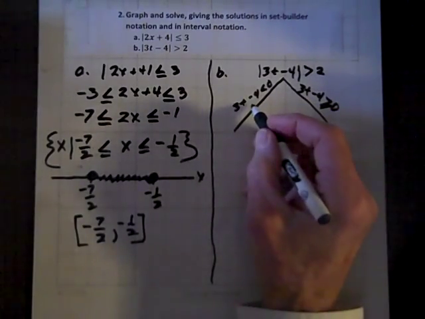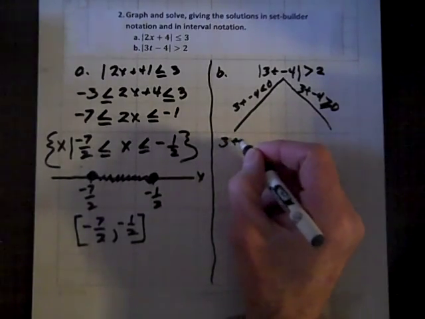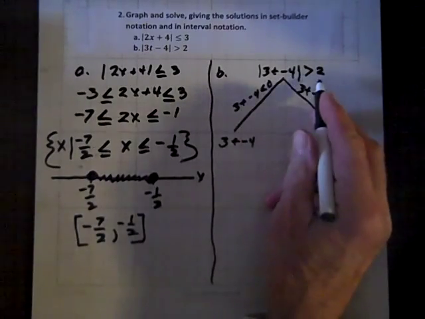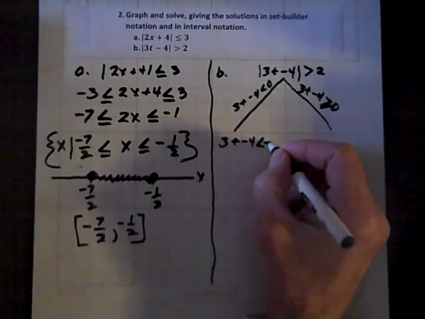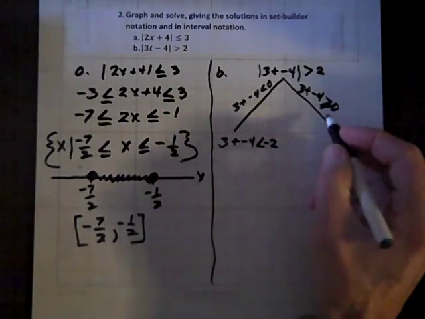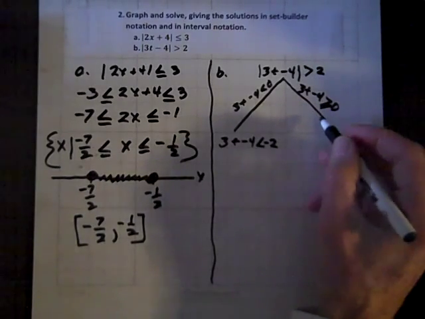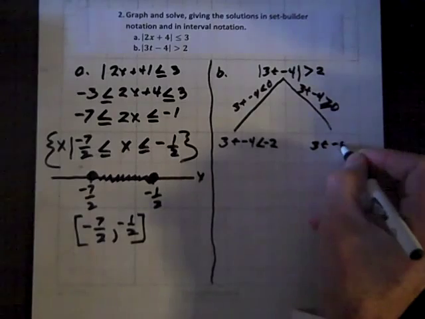So for this case, we can dispense with the absolute value bars if we replace 2 with -2 and flip the inequality. In this case, where 3t minus 4 is greater than or equal to 0, we can simply dispense with the absolute value bars.